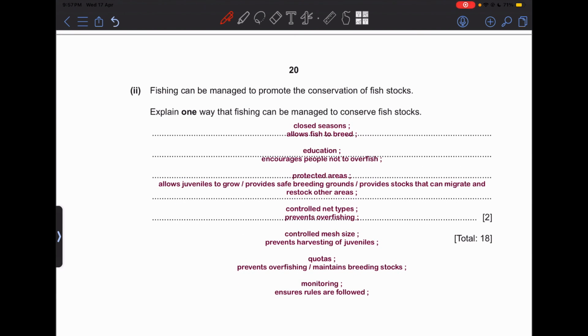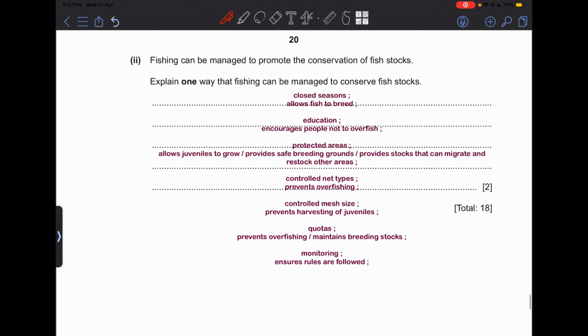Double I, fishing can be managed to promote the conservation of fish stocks. Explain one way that fishing can be managed to conserve fish stocks. So I wrote all of the ways that can be used. This is a very important question. It comes up a lot in the exams, so you have to be familiar with at least 3 or 4 of these ways.